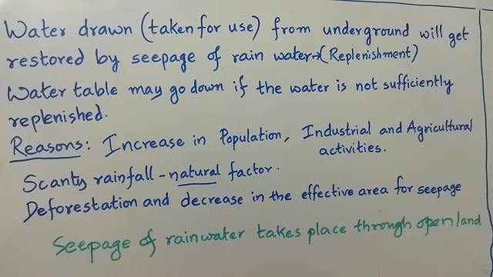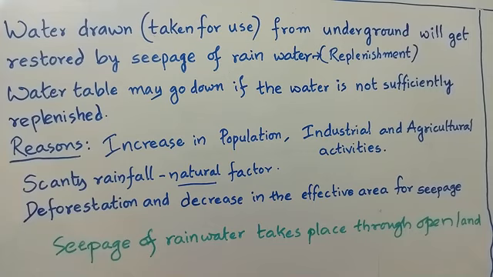And we are not allowing seepage of rainwater to go into the ground, but we are taking groundwater. We are making use of groundwater that is already present in the underground for the construction of these houses and other works. Right?